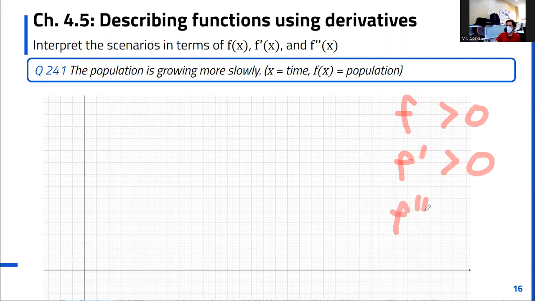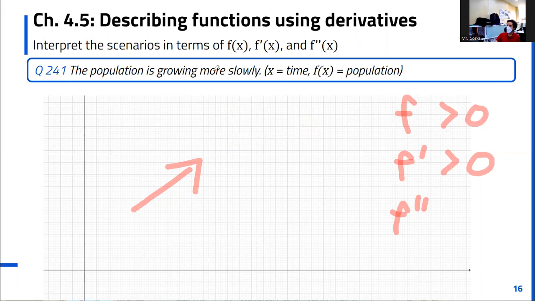Second derivative, it's growing more slowly. So let's say somewhere in the middle, we have this slope. The next area, is the slope the same? Is it a steeper slope or is it a shallower slope?